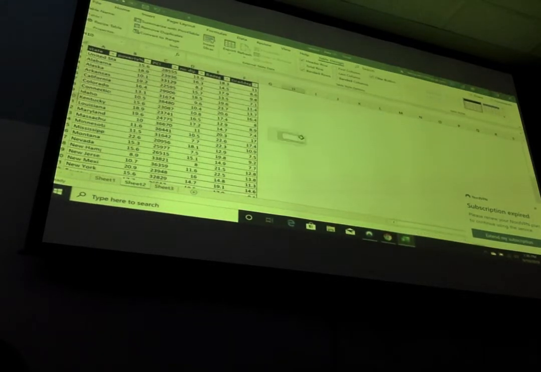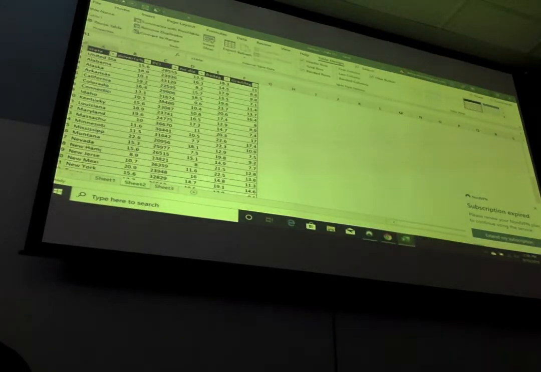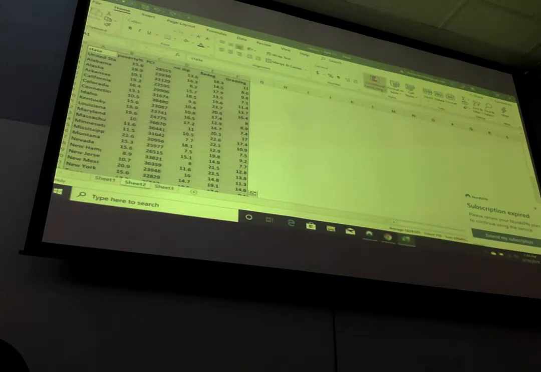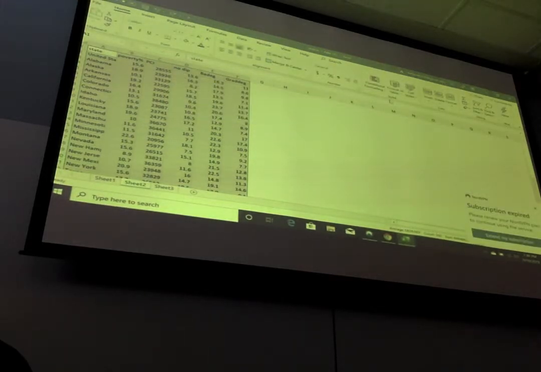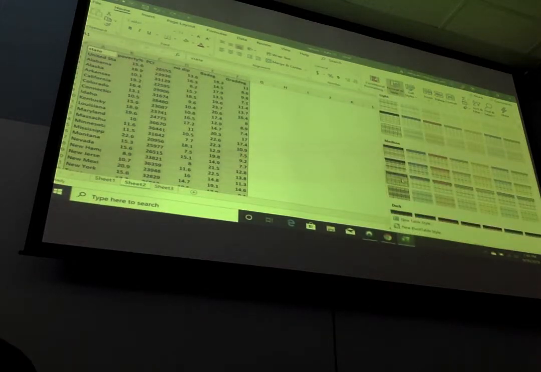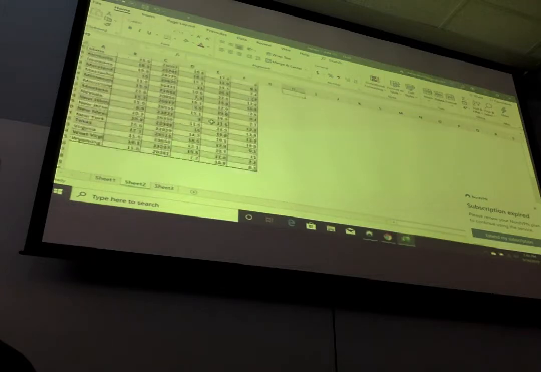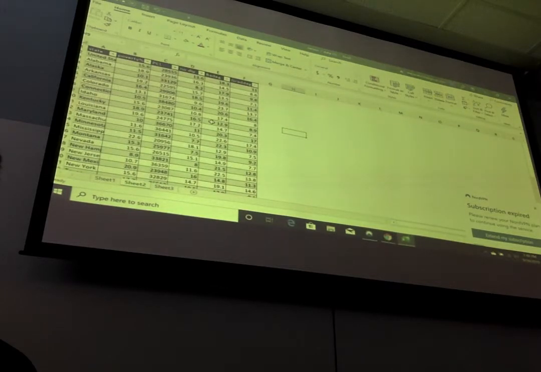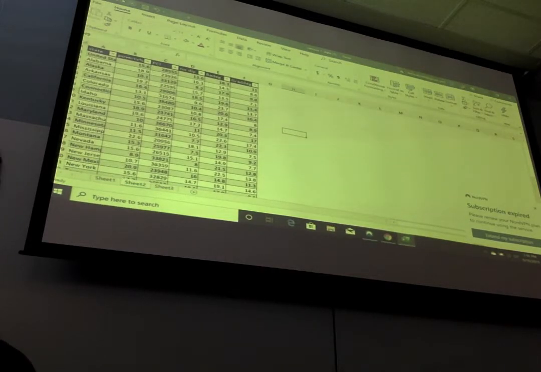No. I don't like that. Let's get this one. What's this do? No, I don't like that one either. Oh, I like this one, I think. Okay, now it's a formatted table. So now we've got a formatted table. I just highlighted all of the things that needed to be in there and then clicked a format.